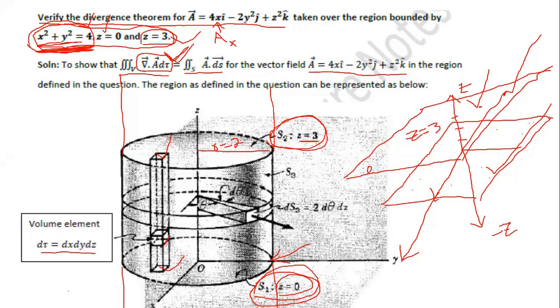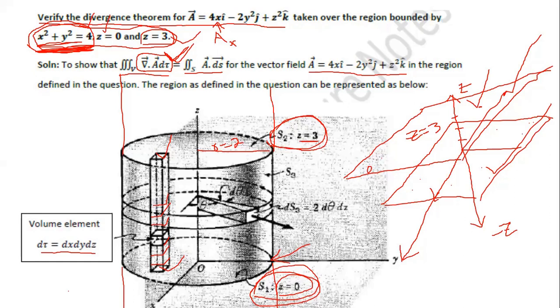So if you sum the net outflow of the vector field over each volume element, you assume that there is another volume element just below this, and below that another, and above this another volume element, like that.